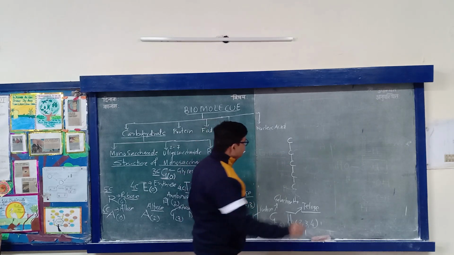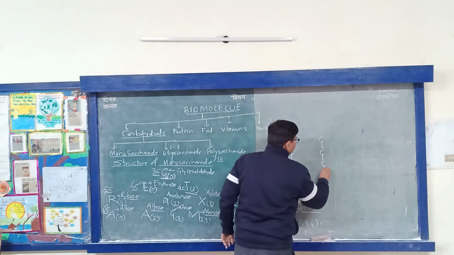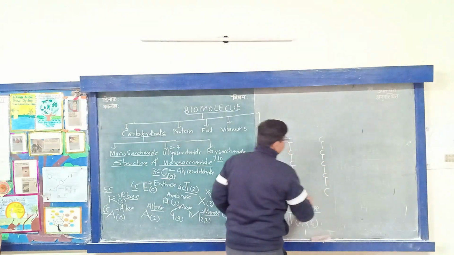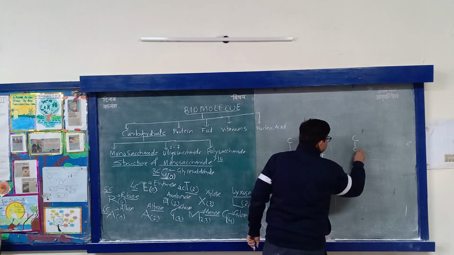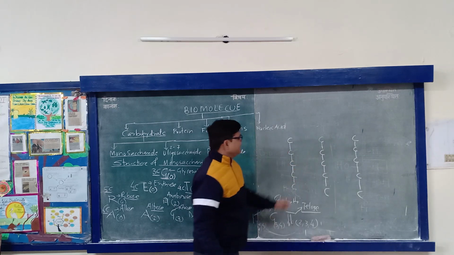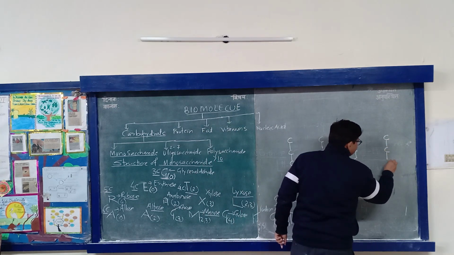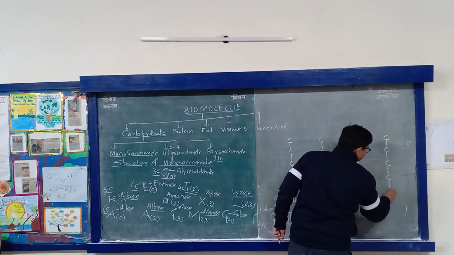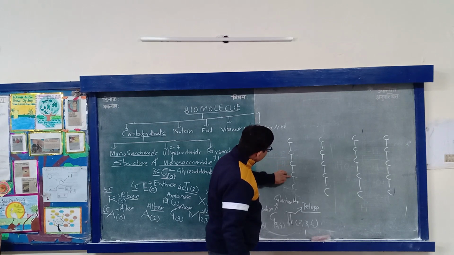Next, you have to draw a chain of 5 carbons again, and again. Next also you can draw easily. You can join the C. This indicates the carbon. So there are 5 carbons, 1, 2, 3, 4, 5.